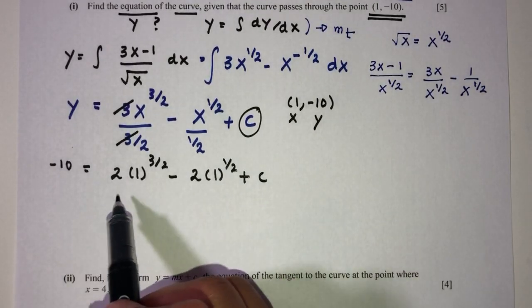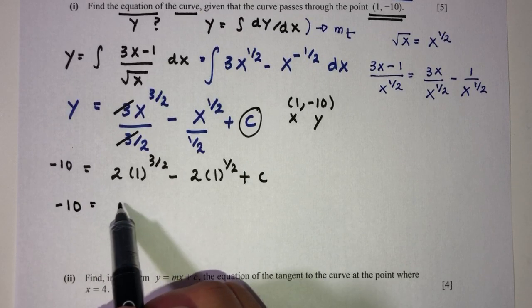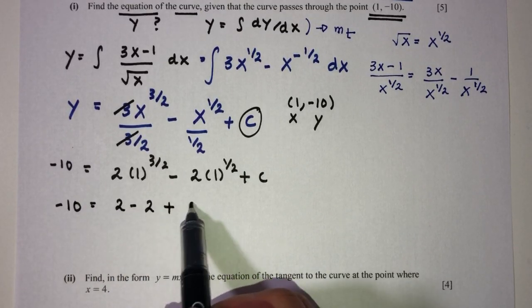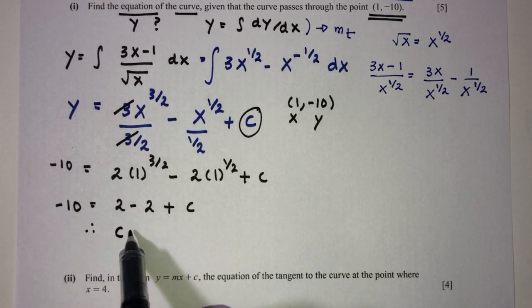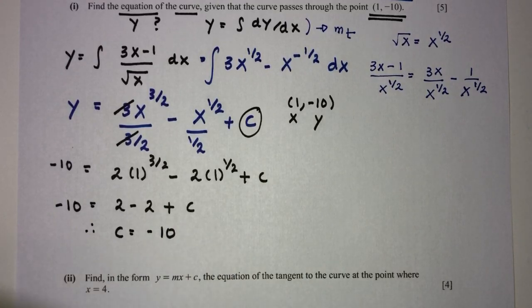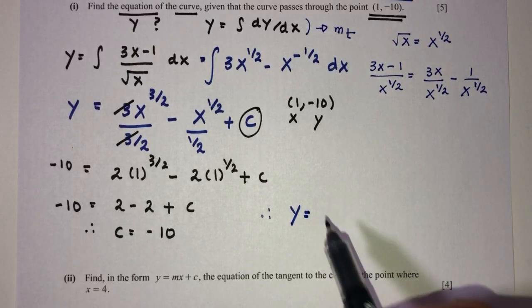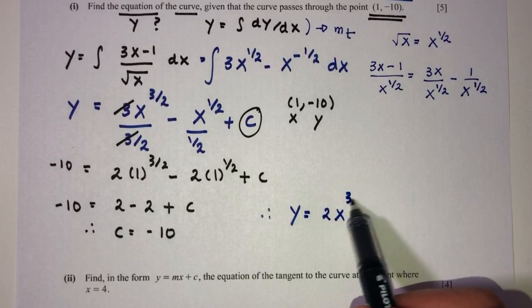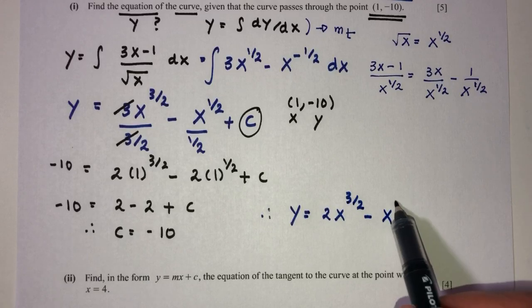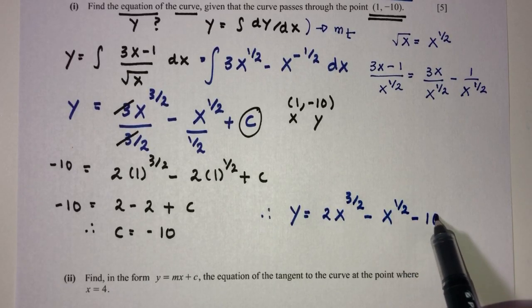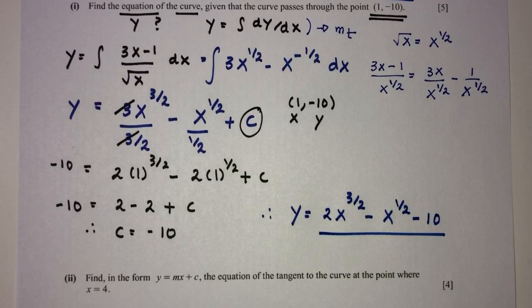As you can see, this will be minus 10 equals 2 minus 2 plus c. So conclude c is equal to minus 10. So from here, the conclusion is the curve is y is equal to 2x to the power 3 over 2 minus 2x to the power half minus 10. That is the equation of the curve.